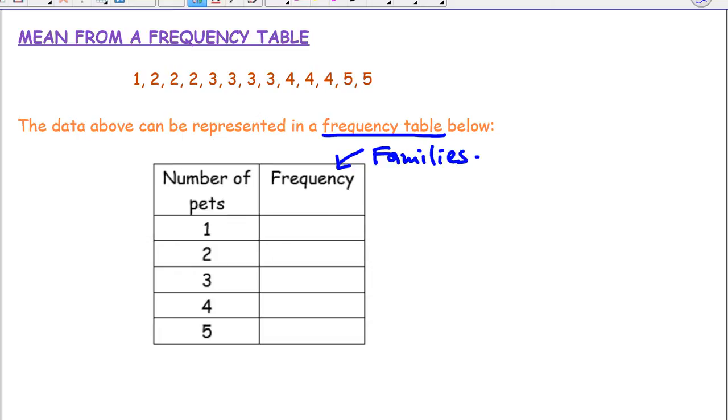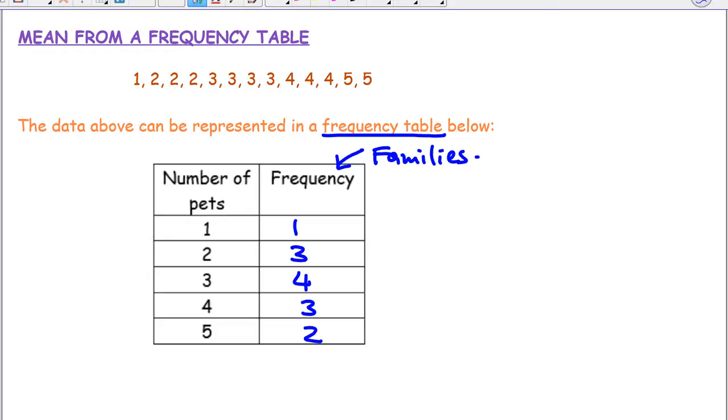Okay, and here we have number of pets. So how many families have one pet? It's just one. How many families have two pets? 3 families, and so on, 4, 3, and 2. So this is what we call a frequency table.